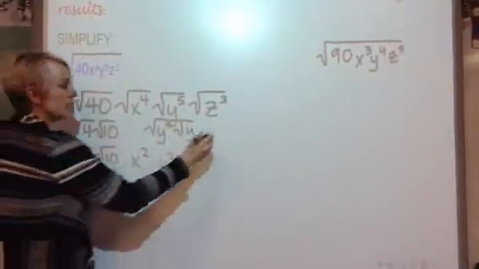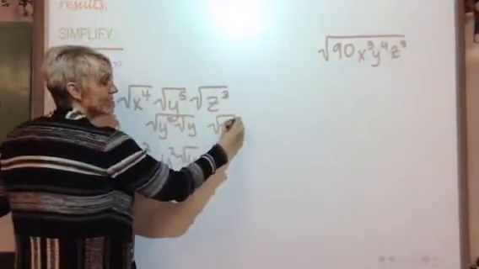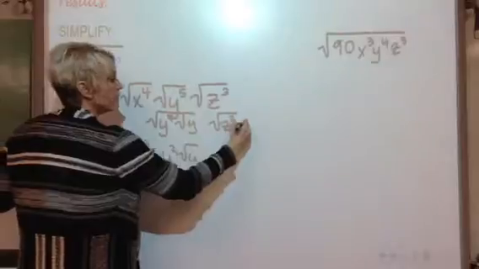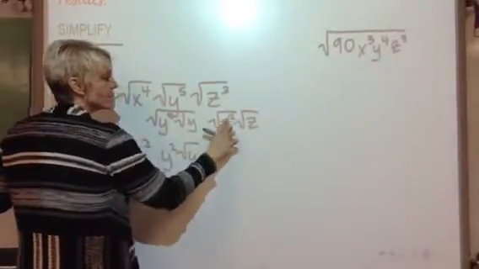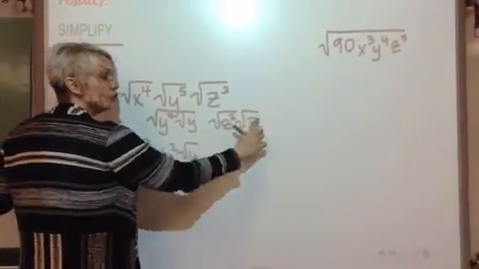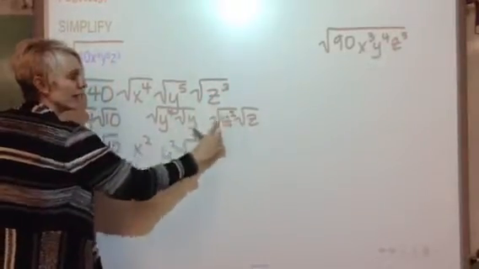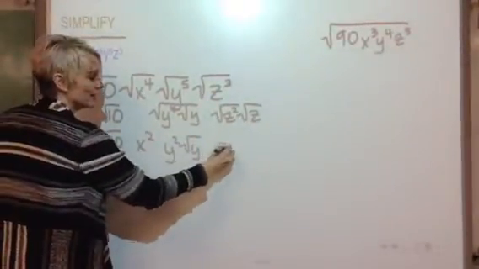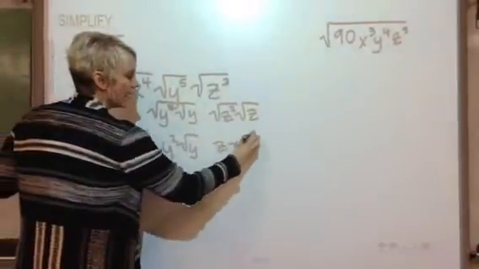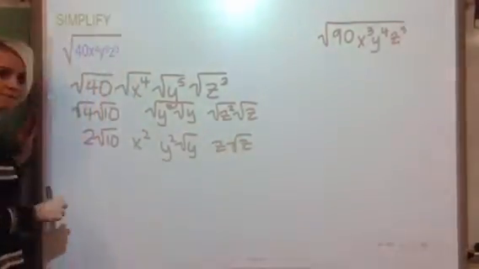Z cubed, the greatest even is 2, so it's radical z squared times radical z, because 2 plus 1 is 3. I can simplify radical z squared into z, but this radical z stays radical z.